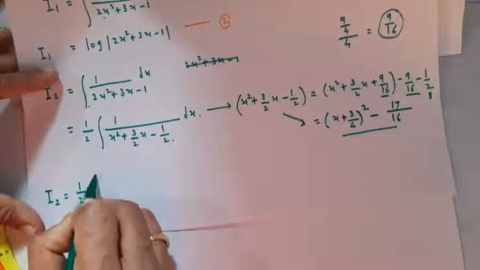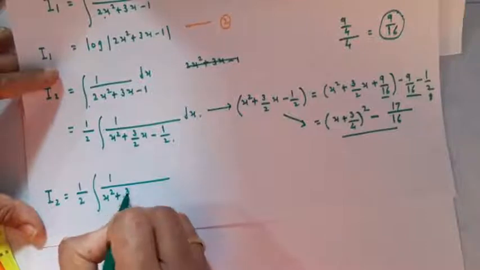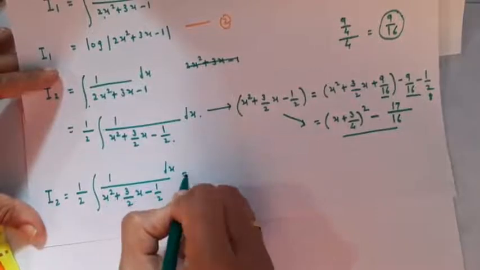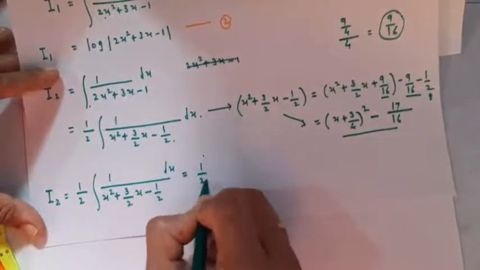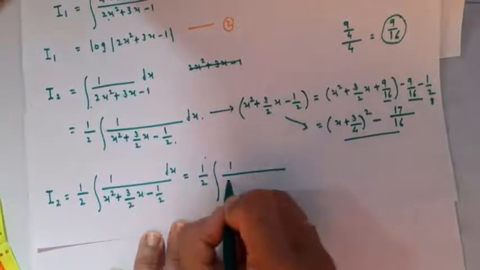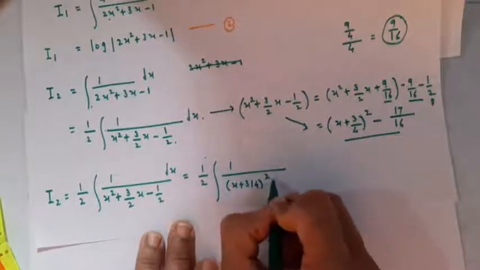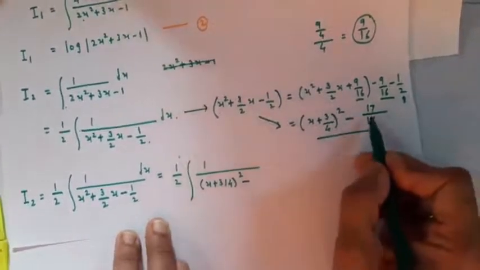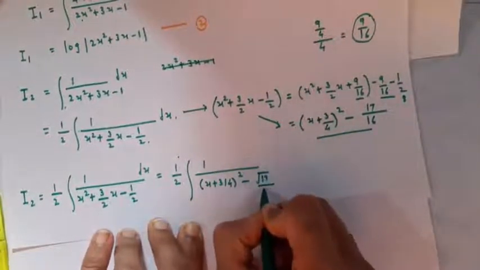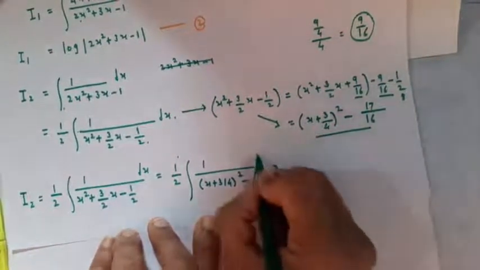Therefore the integration I2 equals 1 by 2 integration of 1 upon x square plus 3 by 2x minus 1 by 2 with respect to x, which equals 1 by 2 as a constant, integration of 1 upon x plus 3 by 4 whole square minus 17 upon 16, which we can write in the form of square root of 17 upon 4 whole square, with respect to x.